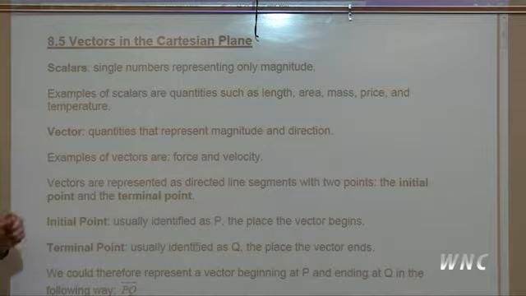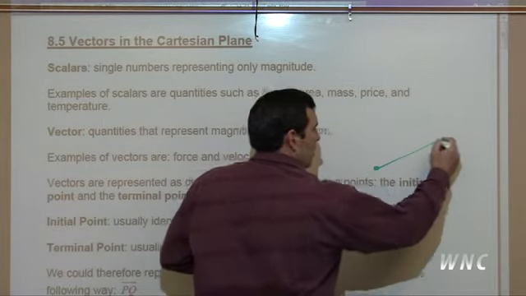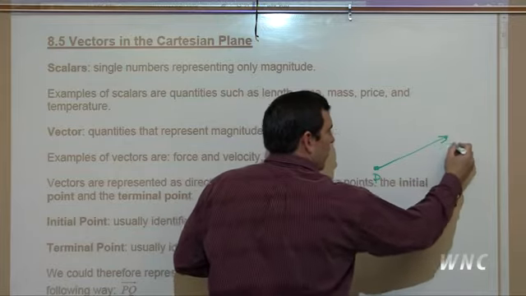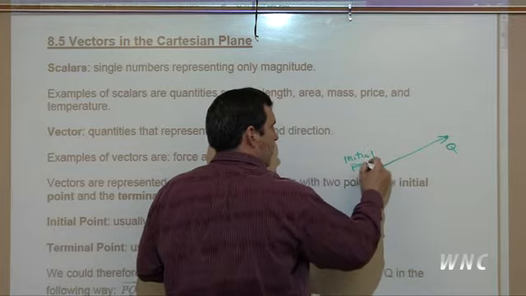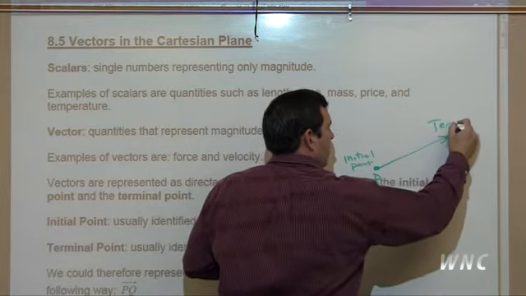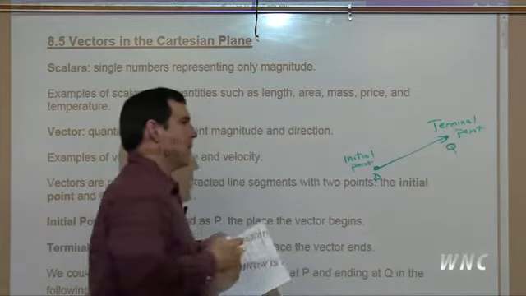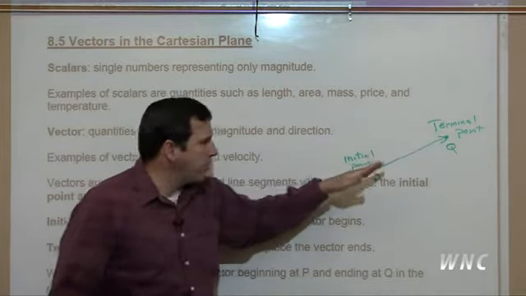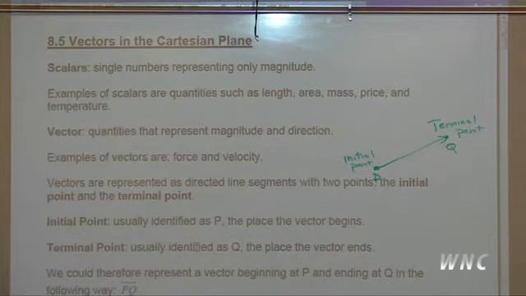Vectors are represented as directed line segments with two points, the initial point and the terminal point. Here's our initial point P, and here's our terminal point Q. It's directed, so there's an arrow showing it goes from the initial to the terminal point.